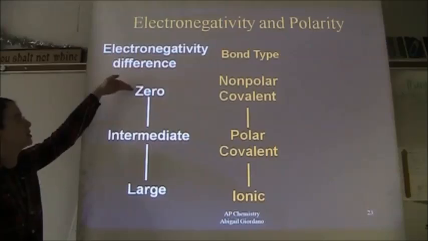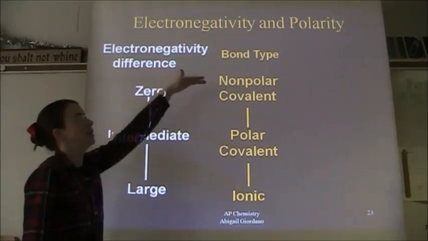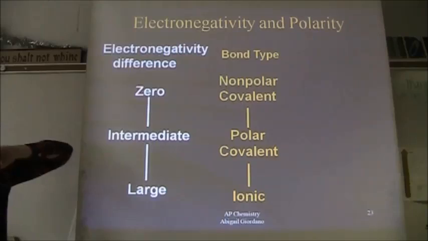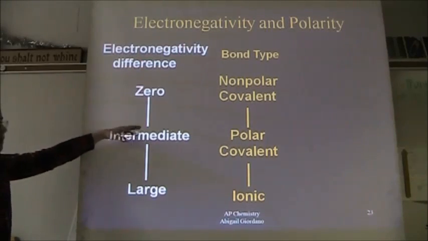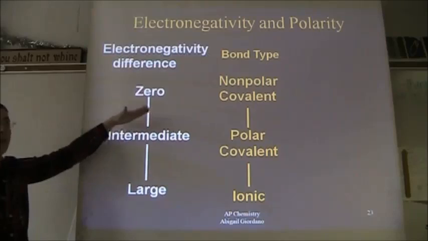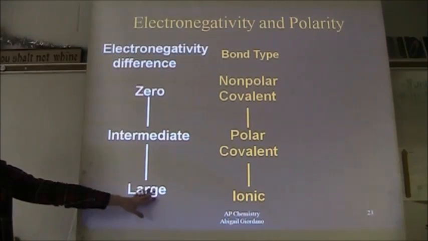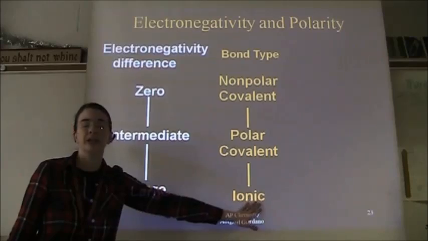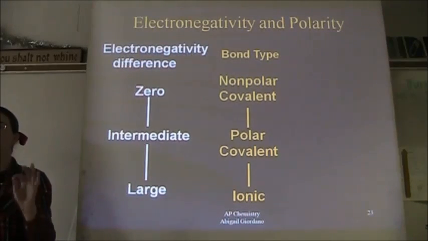If the electronegativity difference is 0, that's a nonpolar covalent bond. If the difference is intermediate, it's polar covalent. When that difference starts to get very, very large, we would now consider it ionic. Now, I can see the question in your eyes.